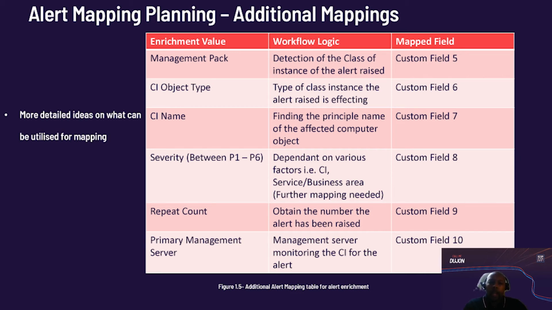How we define the object type is, if we have an alert that is raised for a specific Windows computer, for example, and that alert was based on free disk space, let's say on the system drive, the C drive, and it is less than 5% and in a critical state, the CI object type in this case would be the actual drive which is affected by the space alert.